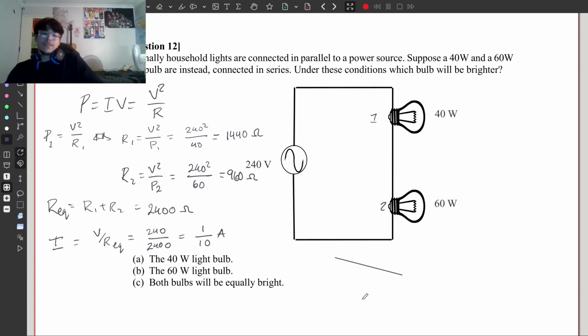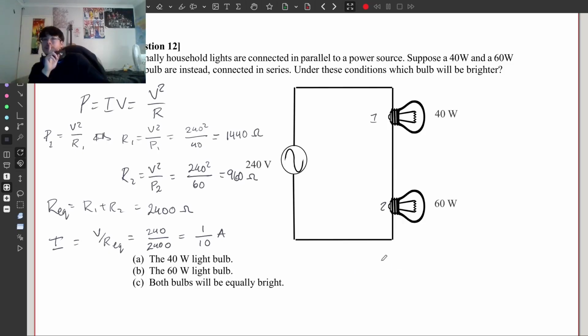And now that we have this, we put this into our power equation to find the voltage drop off. So since power is equal to IV, and we have... no, we would have to do something else.